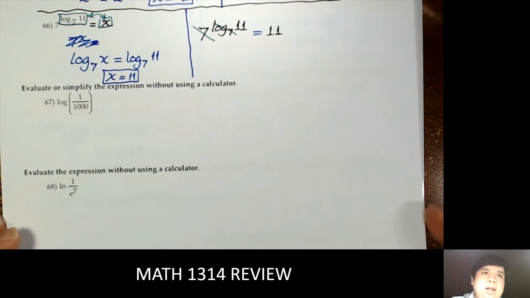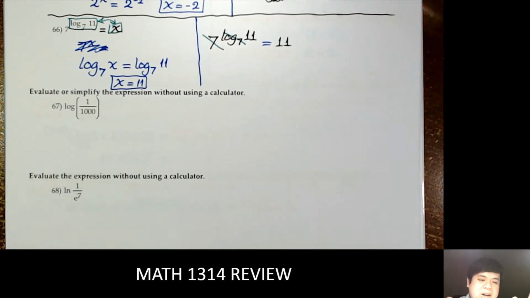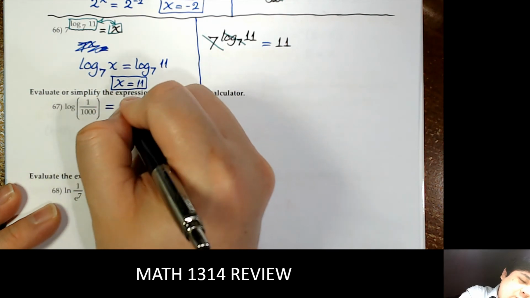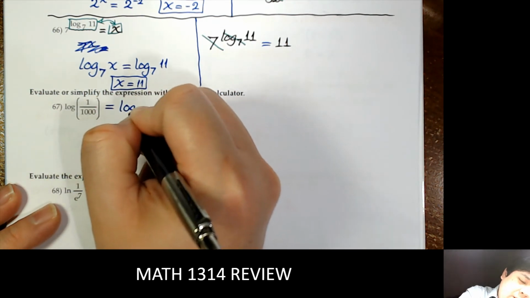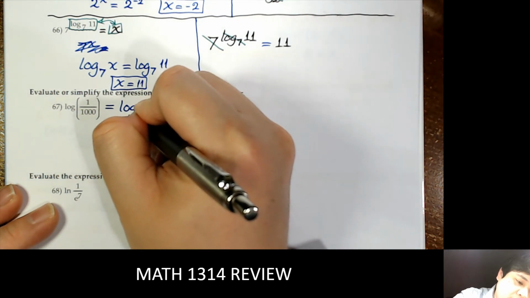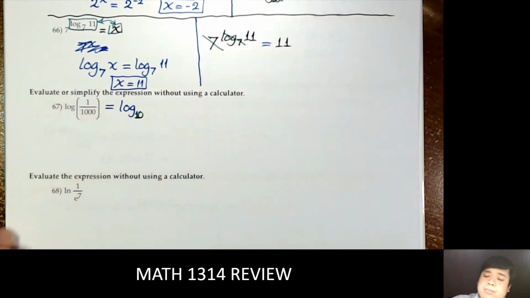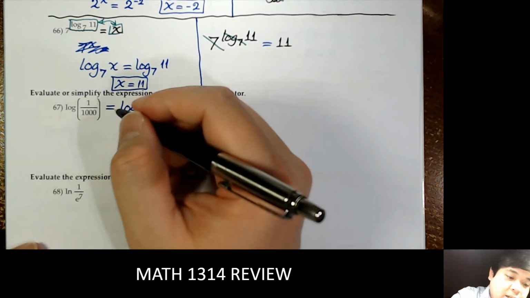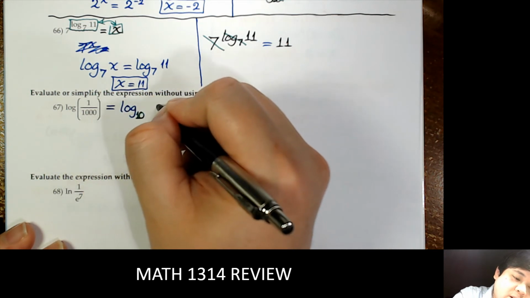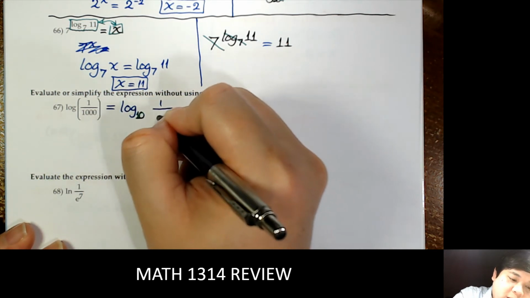Right. Next, I'm not going to make this equal to x and then do that. I'm just going to use the properties of the log here. So we can write this as log base 10, because by default the common log doesn't need the base 10 written. 1 over 10,000, I could write as 1 over 10 cubed.